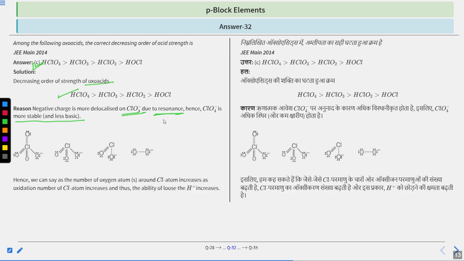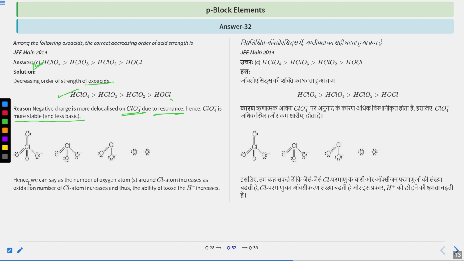Because of this resonance, the ClO4 negative ion becomes more stable, and thus the acid strength of the acid in which the ClO4 negative ion is present will be higher. So you can see this is ClO4 negative, then this is ClO3 negative, then this is ClO2 negative, then this is ClO negative.